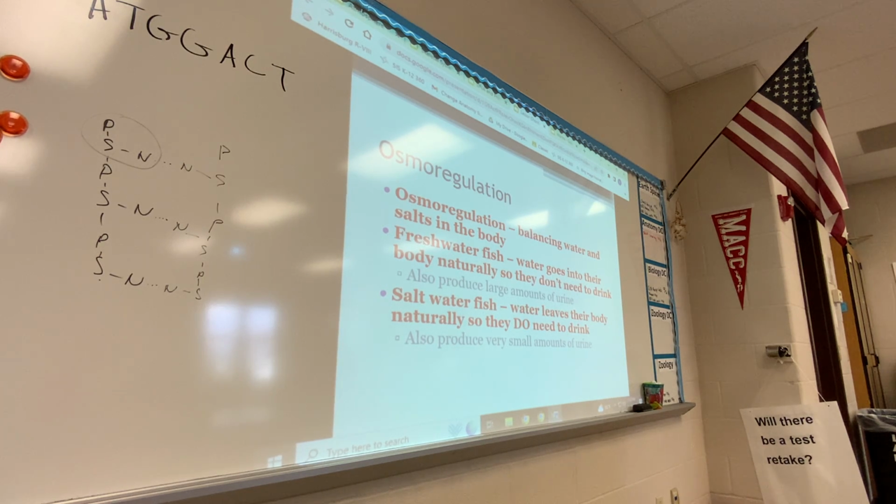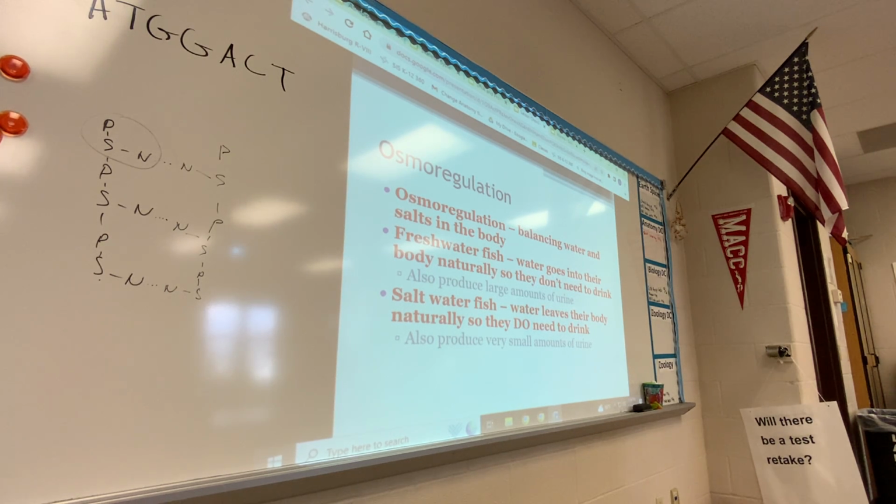So let's say you drink a bunch of soda. Water is actually going to be pulled out of your body to go toward that high concentration. So if you drink seawater, water is going to be pulled out of your body toward that seawater, so you actually end up more thirsty. And same with drinking a soda: water is going to be pulled out of your body toward that high concentration of sugars, and so you actually end up more thirsty.